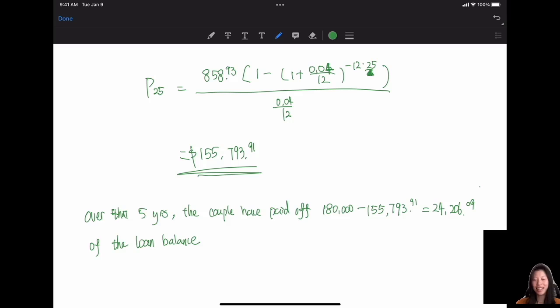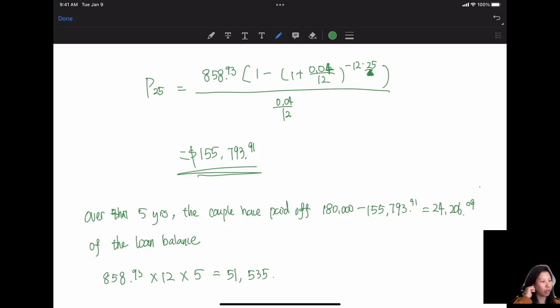So let's see how much they've been paying over the 5 years. Since their monthly payment is $858.93 over 5 years, so totally they've been paying $51,535.